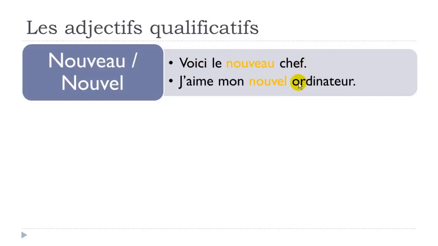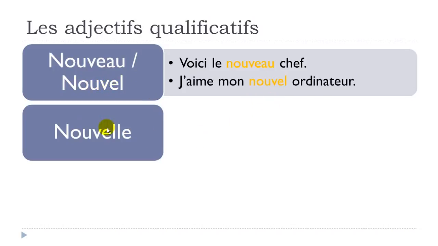In the second sentence, you've got ordinateur. Remember, it starts with O, the sound of a vowel. J'aime mon nouvel ordinateur. Phonetically you pronounce it like the feminine version, but you write it N-O-U-V-E-L. The feminine version goes with a double L-E. Phonetically it is the same, but you write it differently.